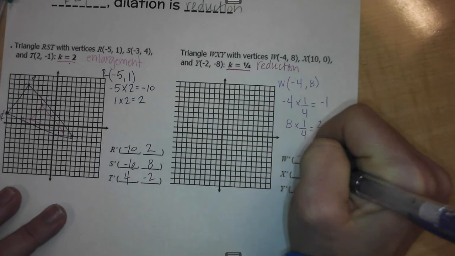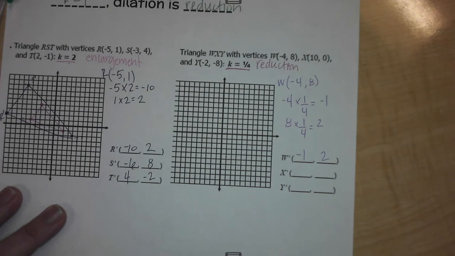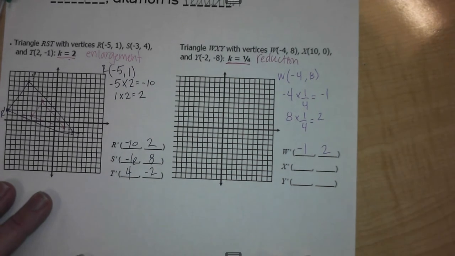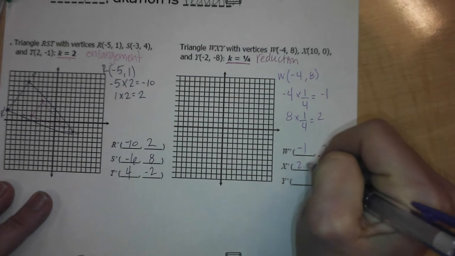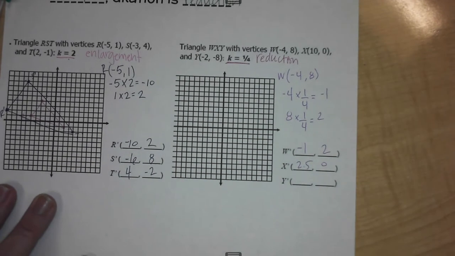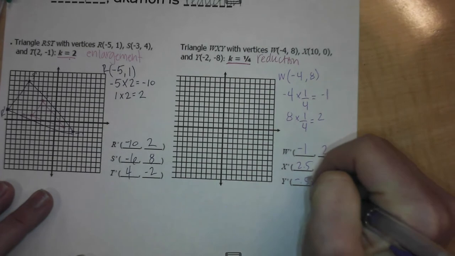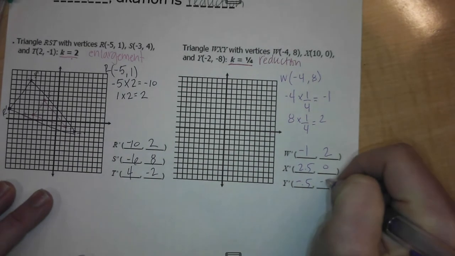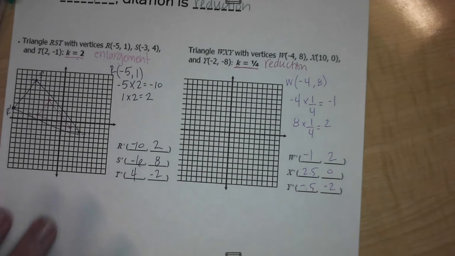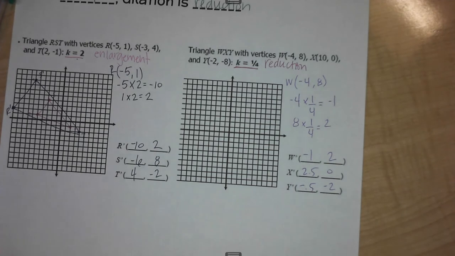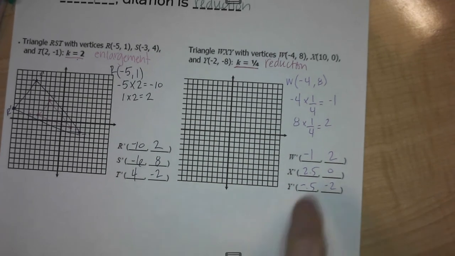So then my new point for W is going to be negative 1, 2. I'm going to do that for each of the points, and I get these points. I'm not going to waste your time graphing those, but this is how you need to know how to get the points.